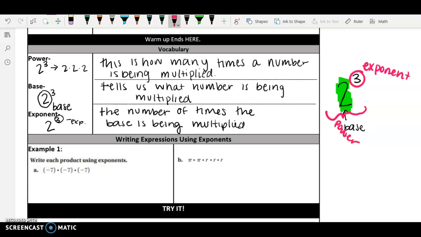So it's 2 to the third power. Those both have to go together. A power includes the base and the exponent, while the exponent is just telling us how many times we are multiplying it. The power tells us what number and how many times it's being multiplied.